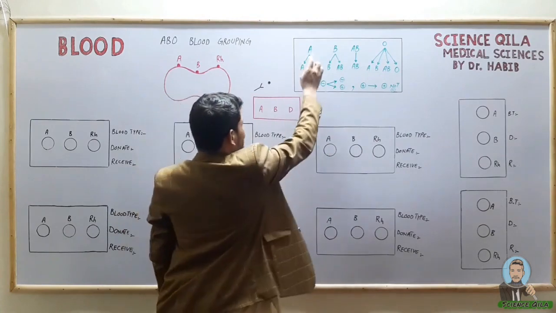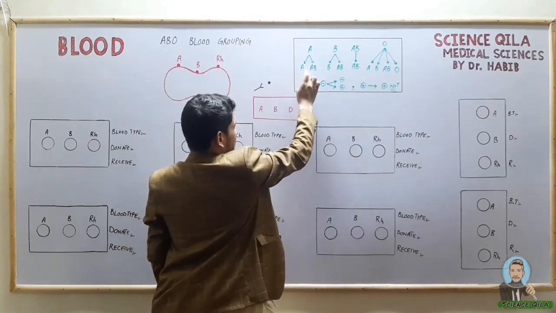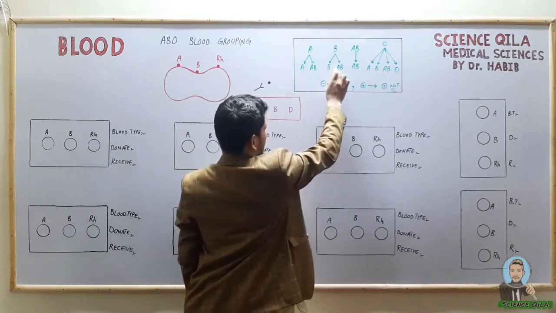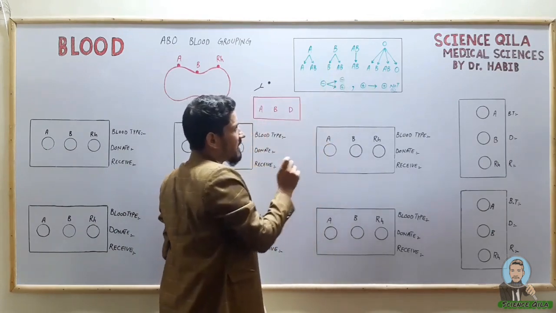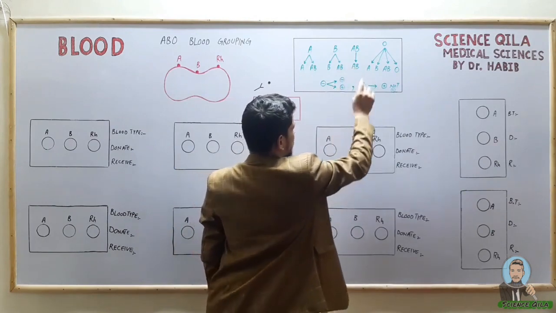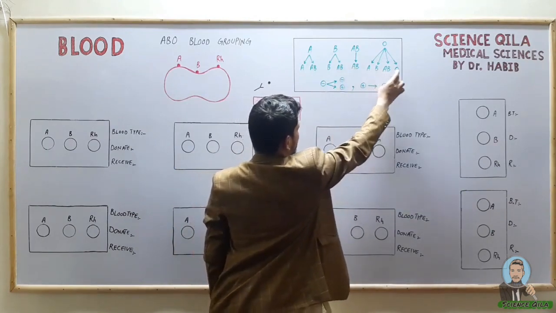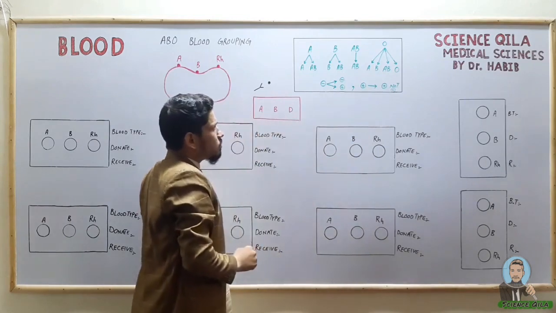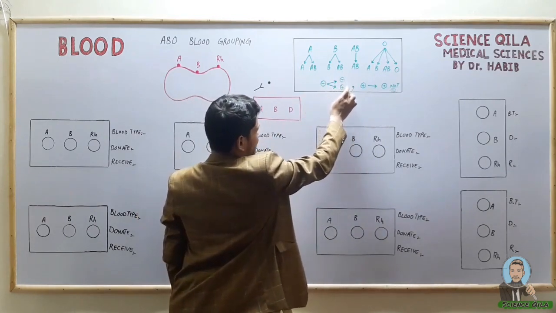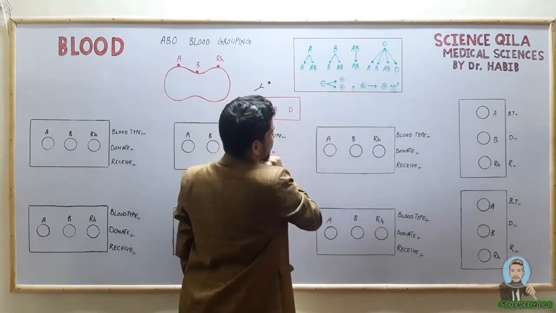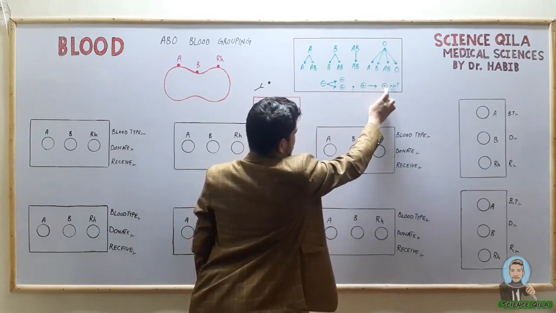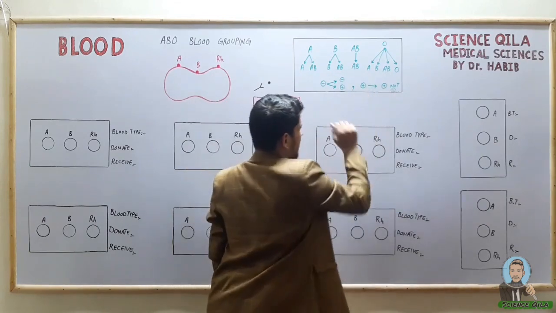Blood type A can donate to A and AB, and blood type B can donate to B and AB, and blood type AB can only donate to AB, and blood type O can donate to A, B, AB and O. Those blood types that are negative can donate to both negative as well as positive, while those blood types that are positive can only and only donate to positive, not negative.